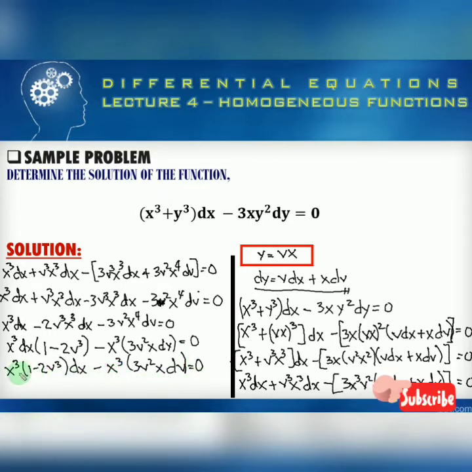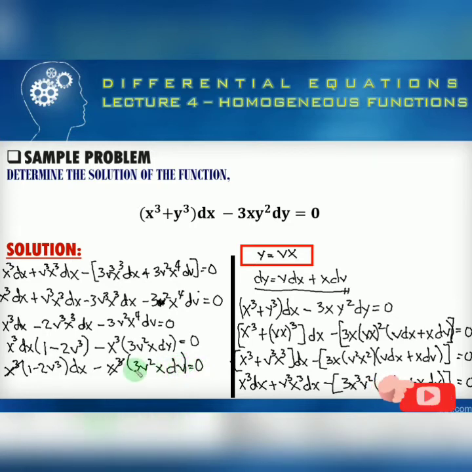So this x cubed is eliminated, because if we extract this x cubed from these two terms, it's just eliminated because this is equal to 0.